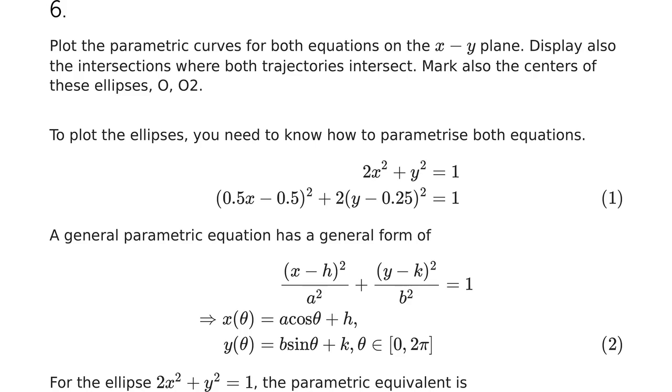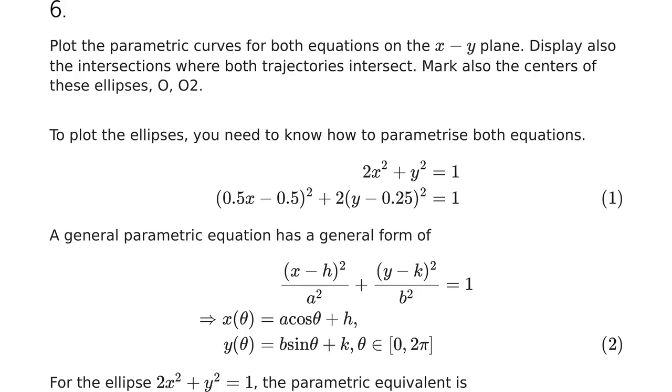For the second ellipse, given by 0.5 times (x minus 0.5) squared plus 2 times (y minus 0.25) squared equals 1, a bit of algebraic rearrangement shows it can be written as (x minus 1) squared divided by 4 plus (y minus 1/4) squared divided by 1/2 equals 1.